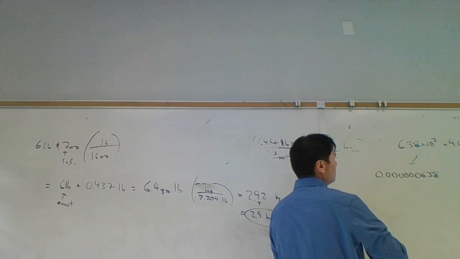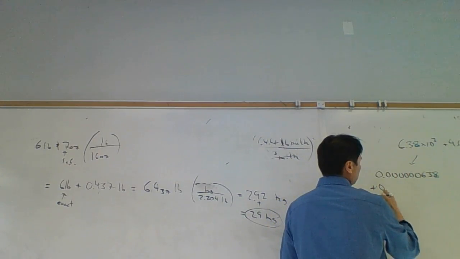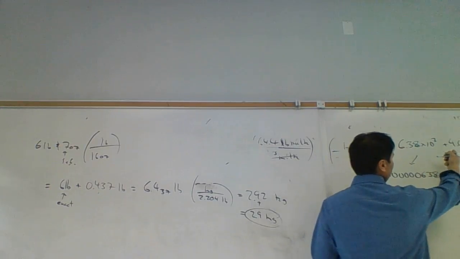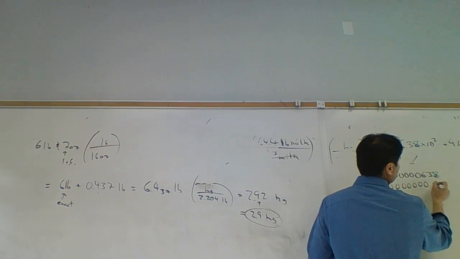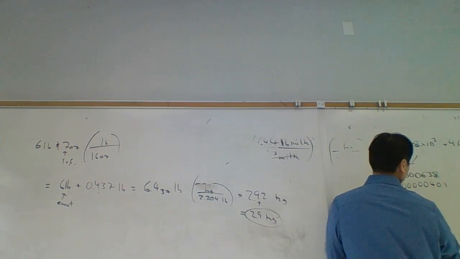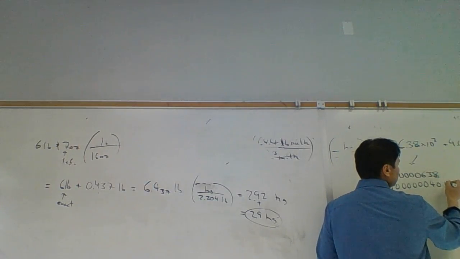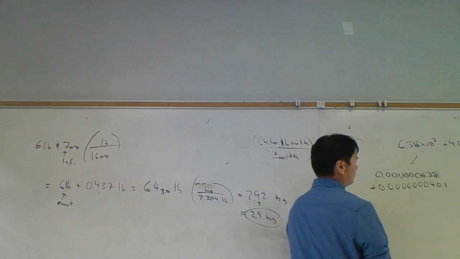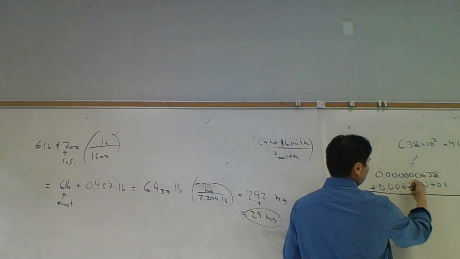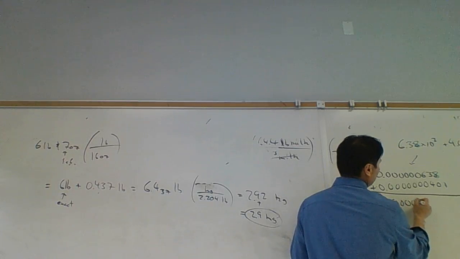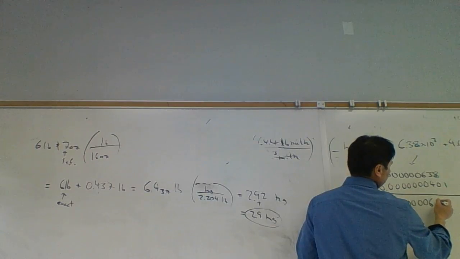And then plus, I'm going to get this into decimal form, so 0 point, now I need 7 zeros: 1, 2, 3, 4, 5, 6, 7 zeros, and then a 4, 0, 1. And this 1 here is uncertain. When I add these up, I'm going to get point, then 1, 2, 3, 4, 5, 6, then a 6, 3, 4, 7.